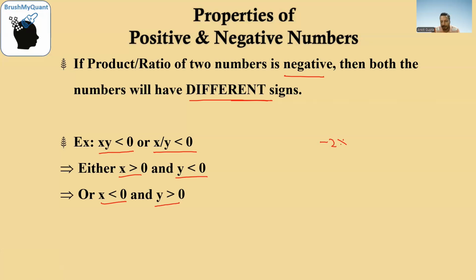Let's say we have -2 into 3 is less than 0. Now there could have been two cases, right? Either this case was -2 and 3 as the two numbers, or the two numbers could have been 2 and -3, where in the first case, the first number is negative, second is positive. In the second case, first is positive and second is negative.